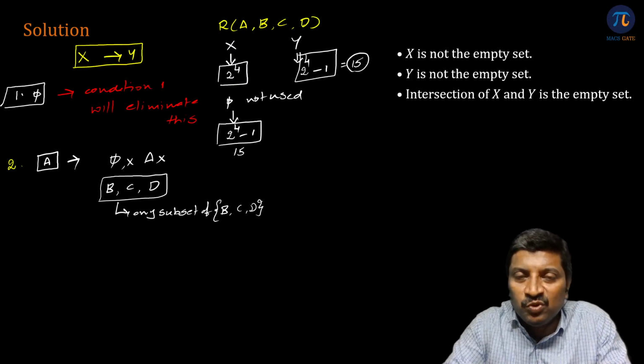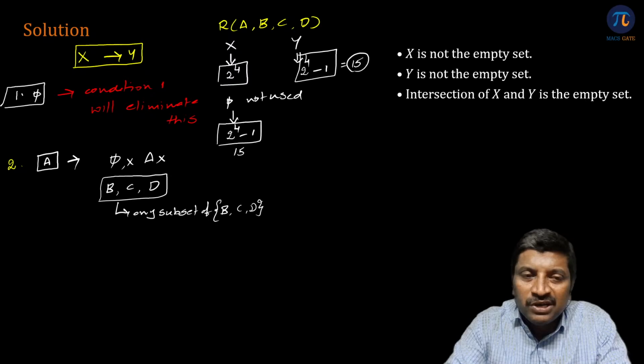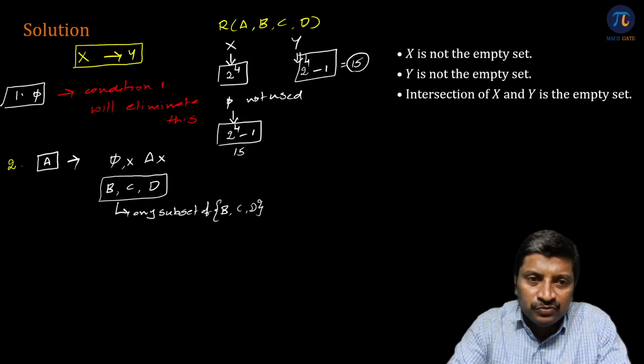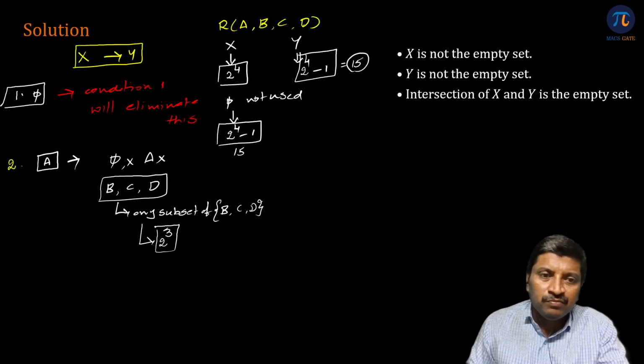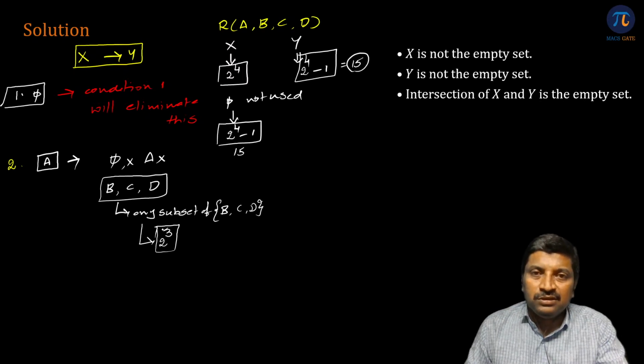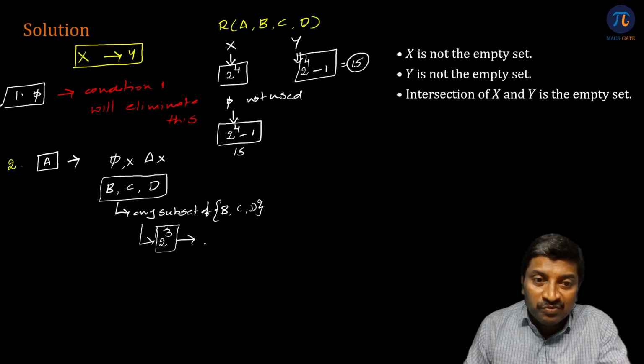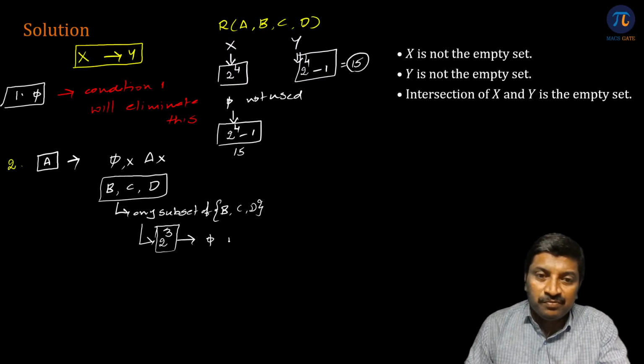Why are you considering only B, C, D? Because A I should not use, right? So what are the possible subsets for this? 2 power 3, because the number of elements is 3. So the total number of subsets is 2 power 3. But among these, the empty set will be there, which I should not use.